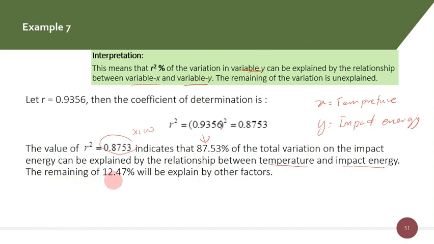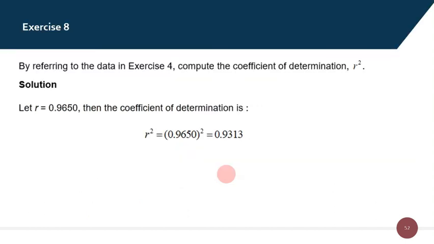The remaining 12.47%, which is just 100% minus 87.53%, will be explained by other factors, unexplained by temperature and impact energy.